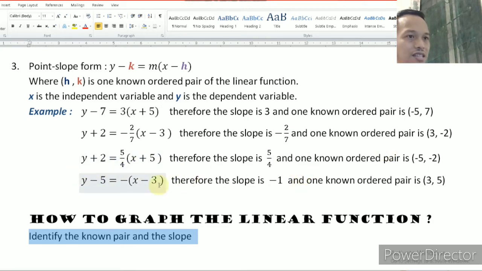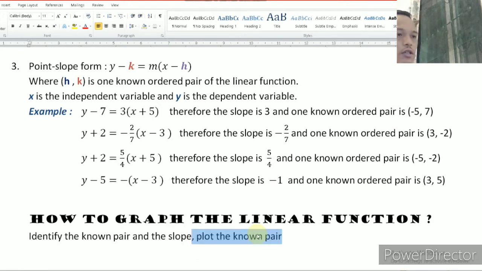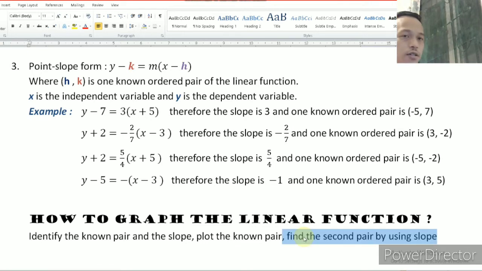Since from this equation you can exactly extract two pieces of information, which are the slope and one known ordered pair, first identify both of them. And then after that, since you know at least one known pair, you plot the known pair on the Cartesian axis. After you plot the known pair, find the second pair by using the slope, right?